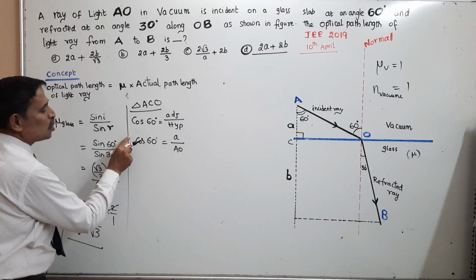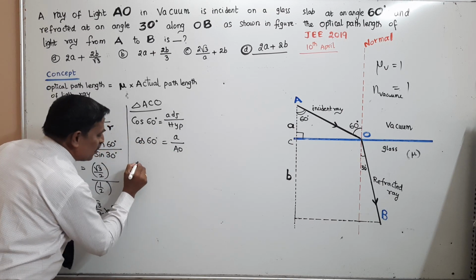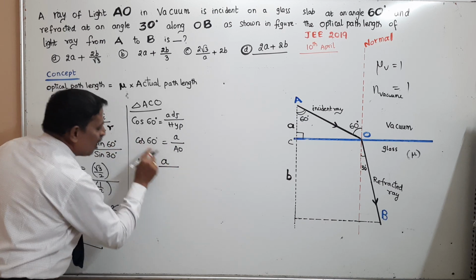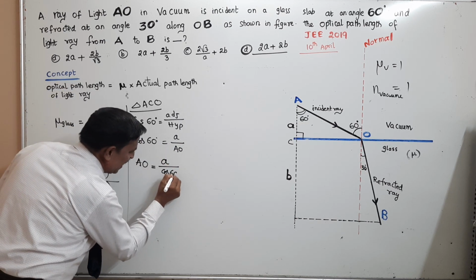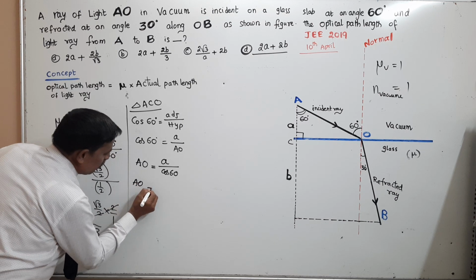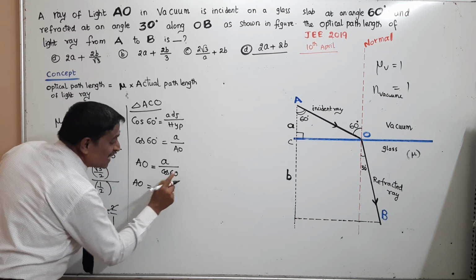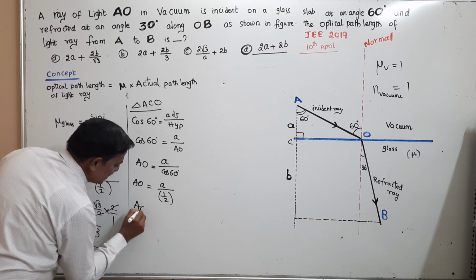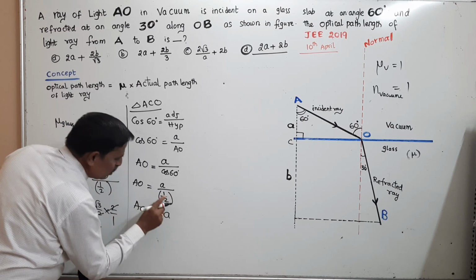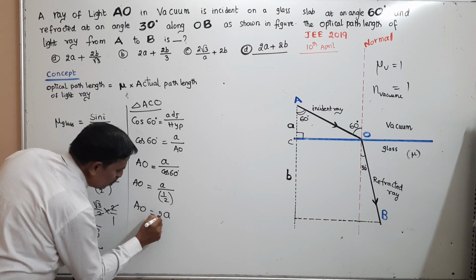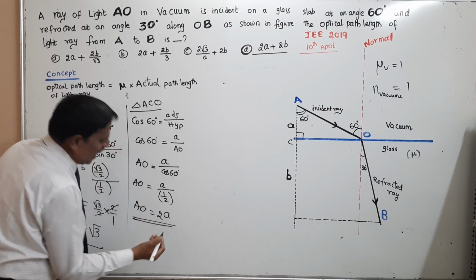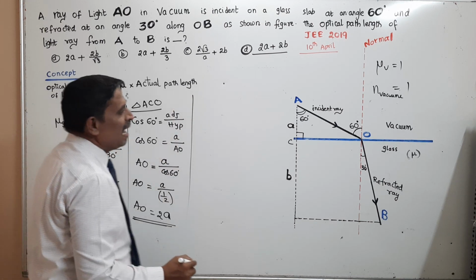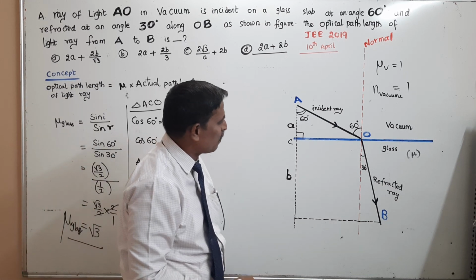Now AO comes to the numerator, cos 60 comes to the denominator. AO is equal to a by cos 60 degrees, that is a by 1 by 2. AO is equal to a into 2 by 1, nothing but AO distance is equal to 2a.